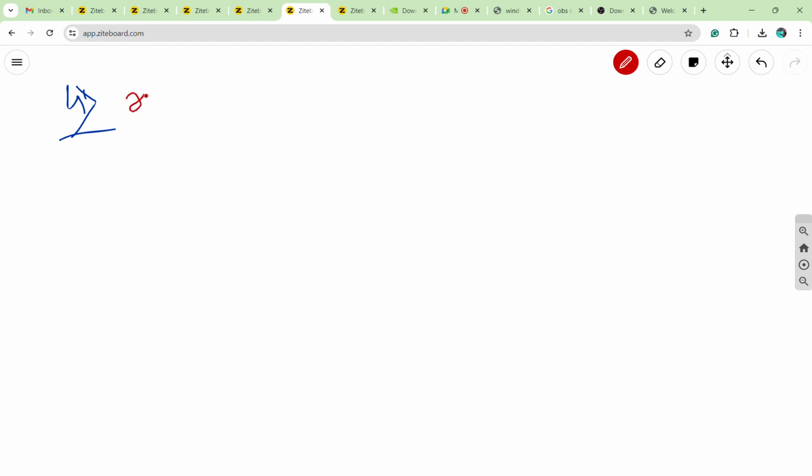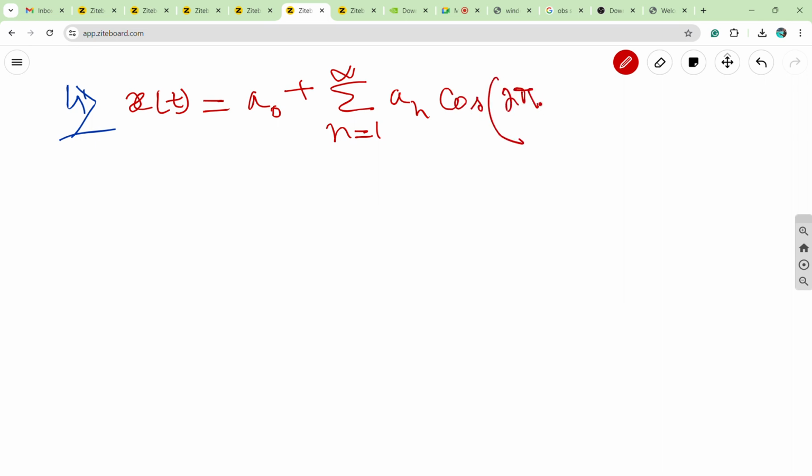So, suppose we have a signal x(t) that can be written as a0. Okay, let's write it below.